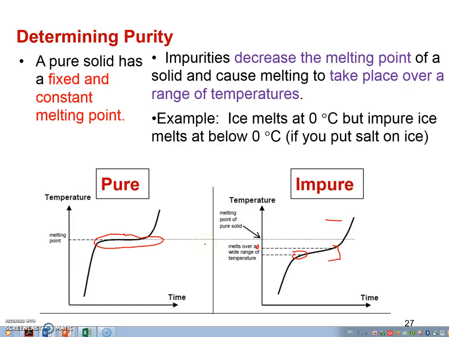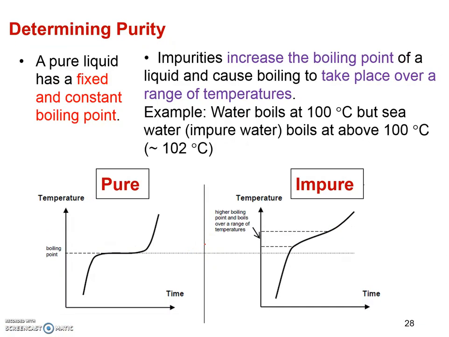Now, similarly for liquid, it has a fixed boiling point, meaning pure water will boil at 100 degrees all the way until all the water becomes water vapor. So if you look at the temperature-time graph, the temperature remains constant until all the liquid becomes a vapor.